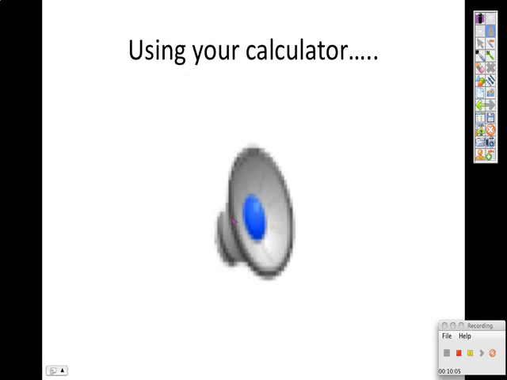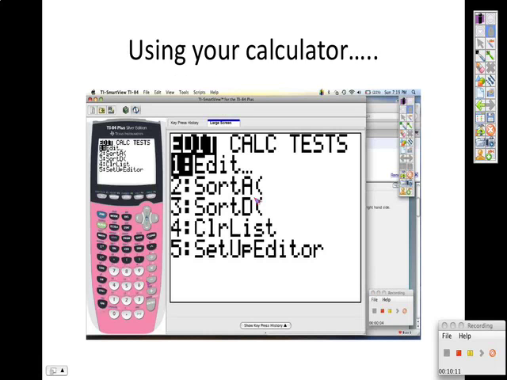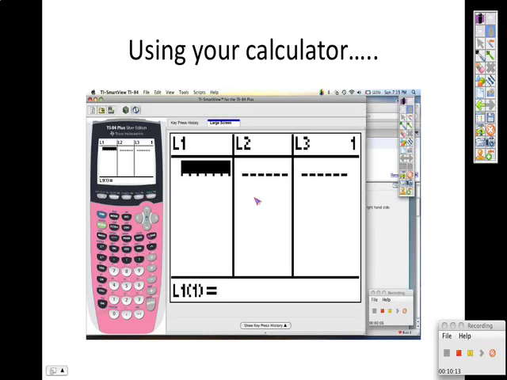Using your calculator, to put data in, you're going to hit your stat key and then go into edit, and you're going to put in your list of data, usually into list 1. And I just made up some data here. And then I'm going to go back to the stat menu.